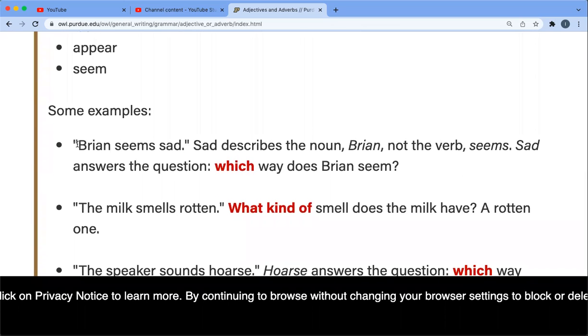If I say Brian seems sad, sad is an adjective that appears right after the sense verb. Pay attention to the verbs and pay attention to the order of the words. If you do not use adjectives and adverbs, your sentences would be dull and the meaning doesn't come across properly.